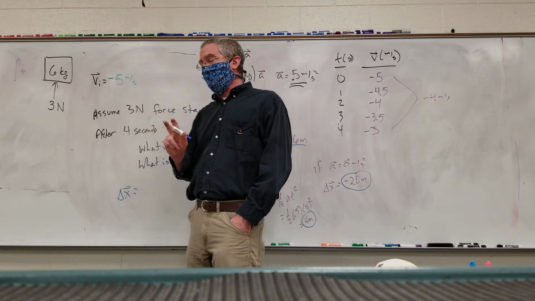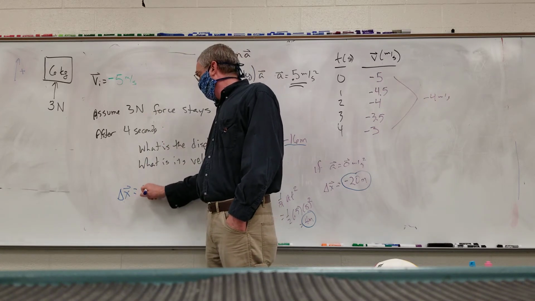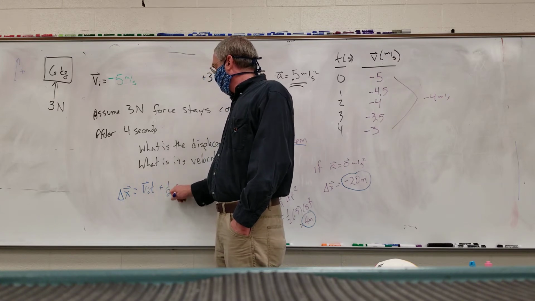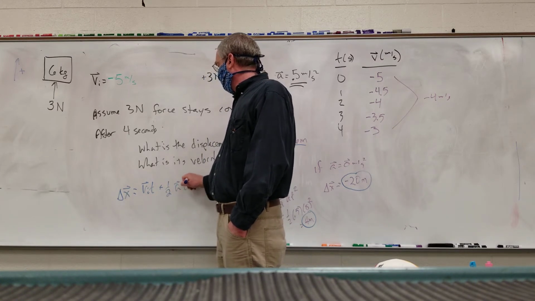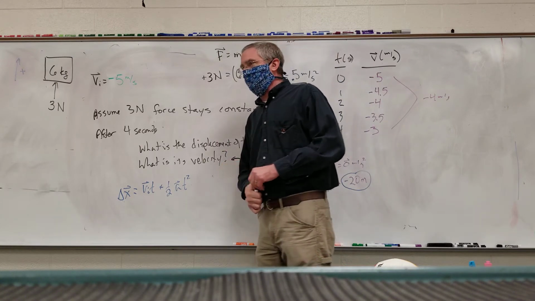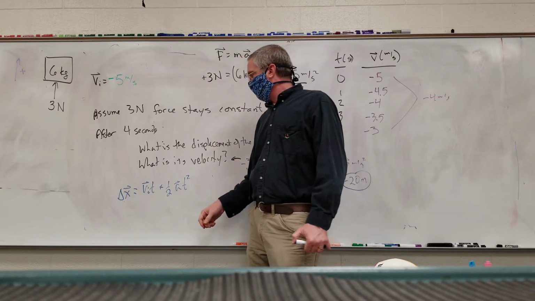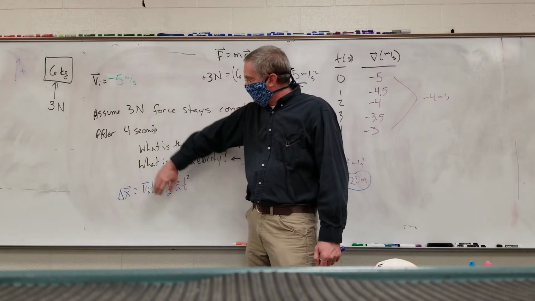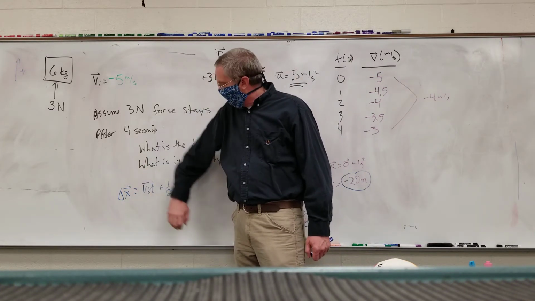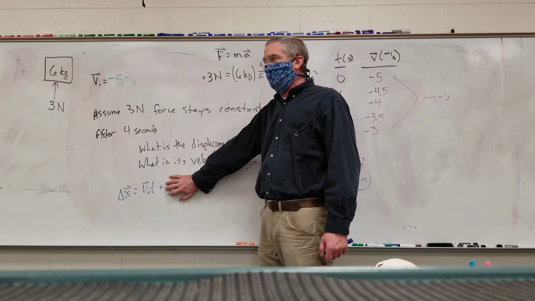Again, assuming acceleration is constant, here's the more general equation for displacement. If initial velocity is 0, we have that equation right there, which we talked about before. If acceleration is 0, we have that equation.